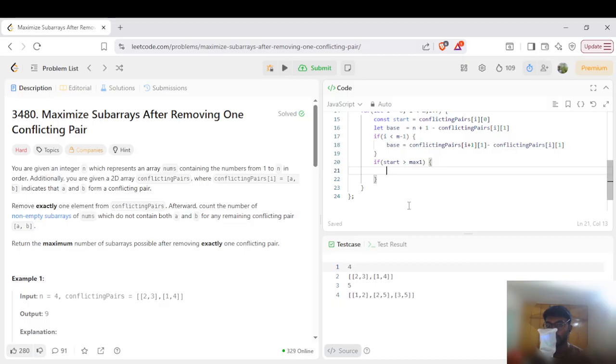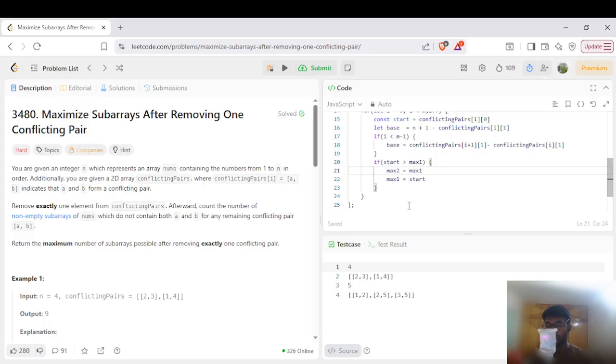If the start value is greater than max 1, then we set max 1 equal to start, and max 2 is going to be the previous max 1.